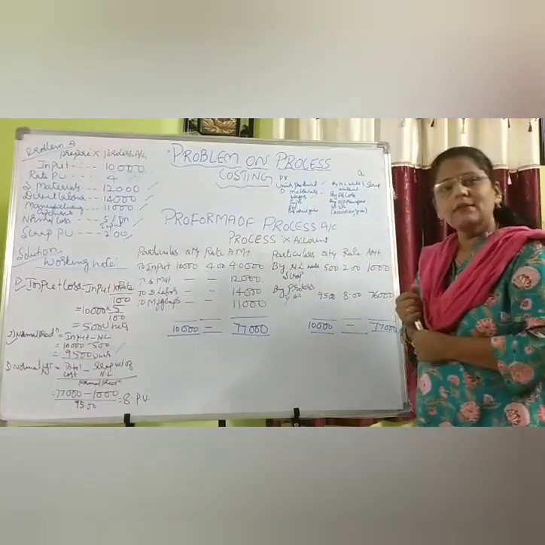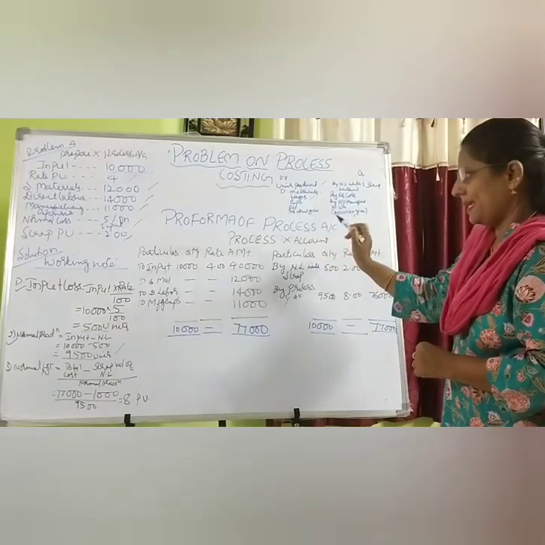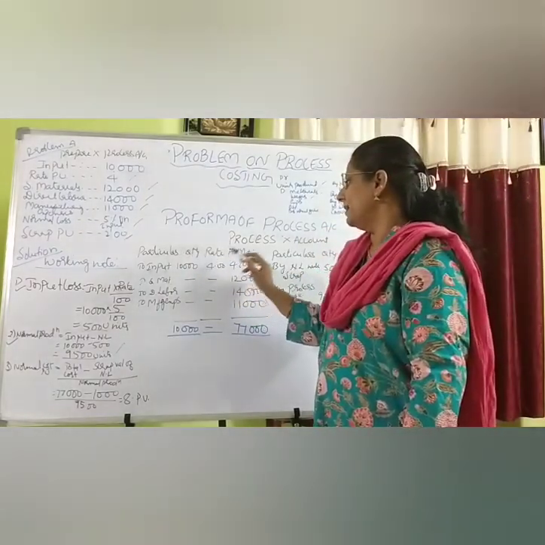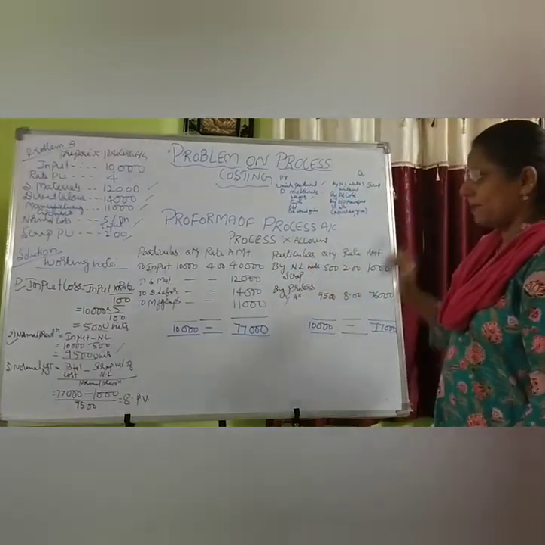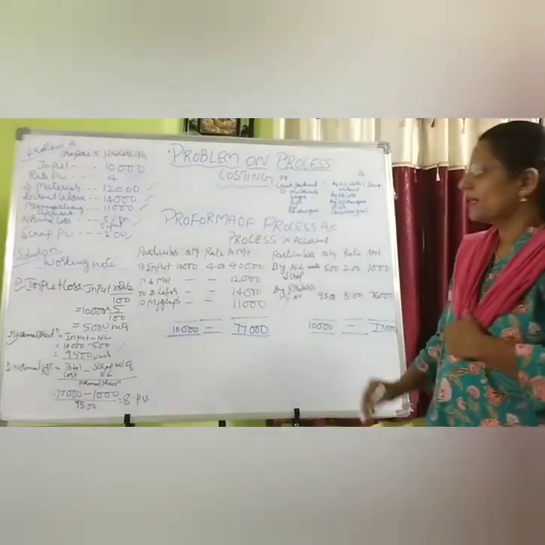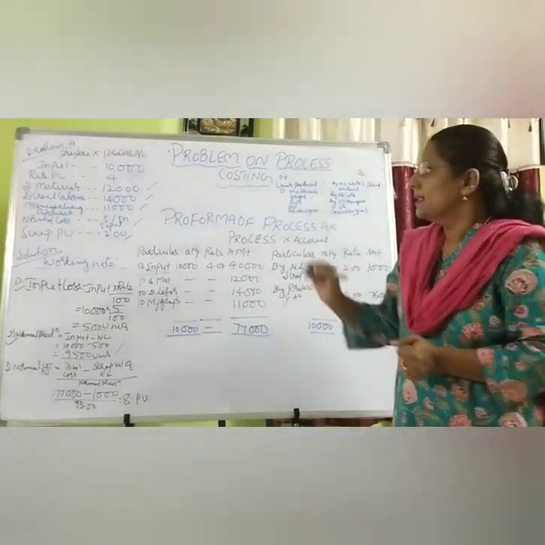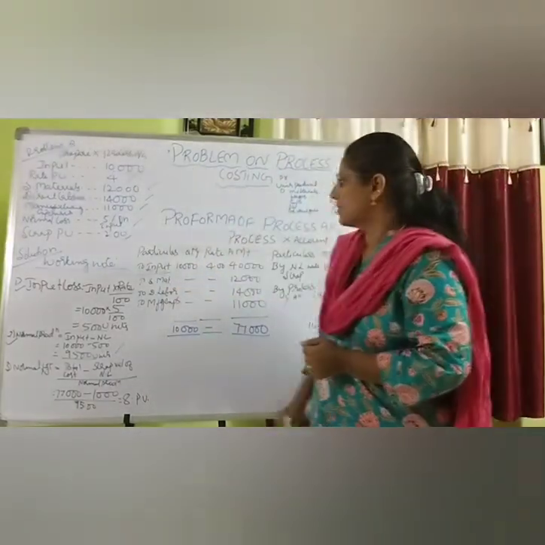Now let us prepare the process account. Here the process X account, we have to prepare with particulars, quantity, rate, amount. First we have to take "to input". Just now I explained, we have to consider the quantity. They have given the 10,000 quantity.